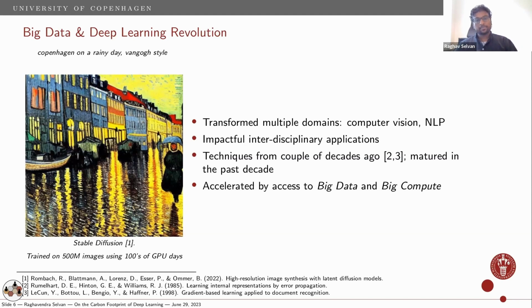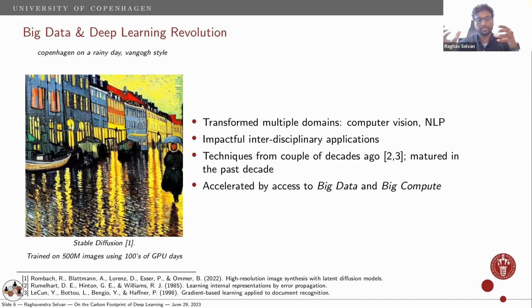So what changed? It's the access to big data and big compute. It was not feasible previously to have 500 million images or a billion images and train really large models. It's in the past decade or so that we've had access to easy data storage and scalable compute.